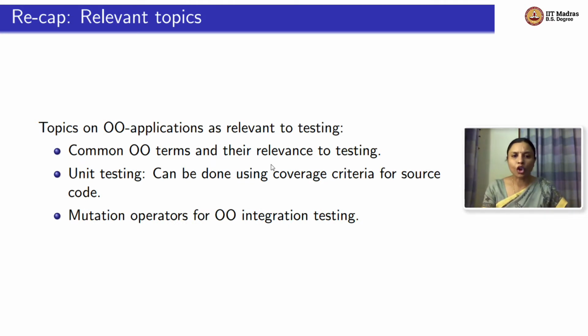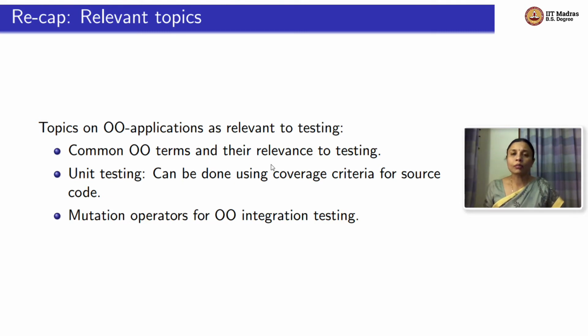As I told you, we've seen common object-oriented terms. Now, like all other programs that follow an object-oriented language, Java programs can be tested at the unit level within a method, or even for C# or any other object-oriented programming language, there will always be methods, functions, and procedures that need to be tested at the unit level. Nothing that we see specifically this week is going to talk about testing at that unit level, because at the unit level, we may not use too many object-oriented features.